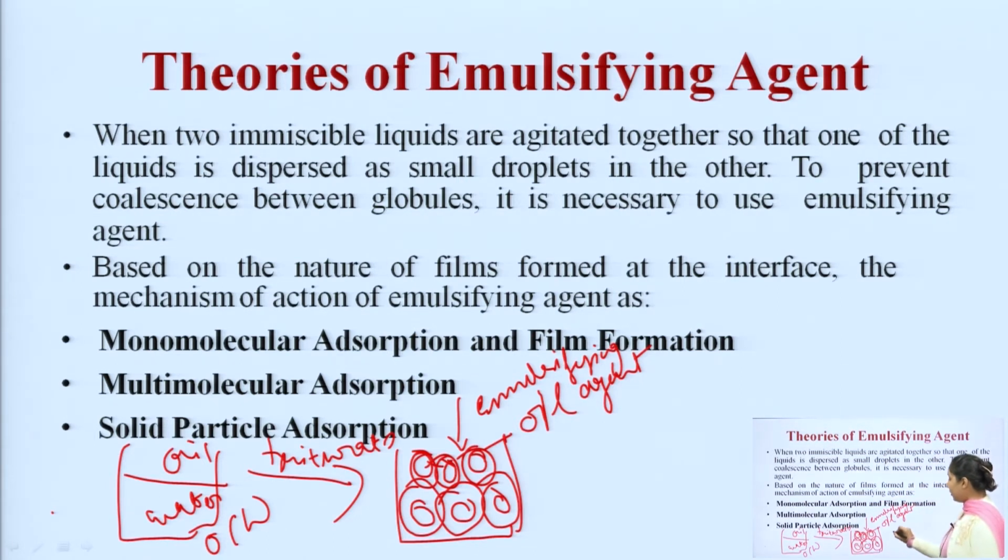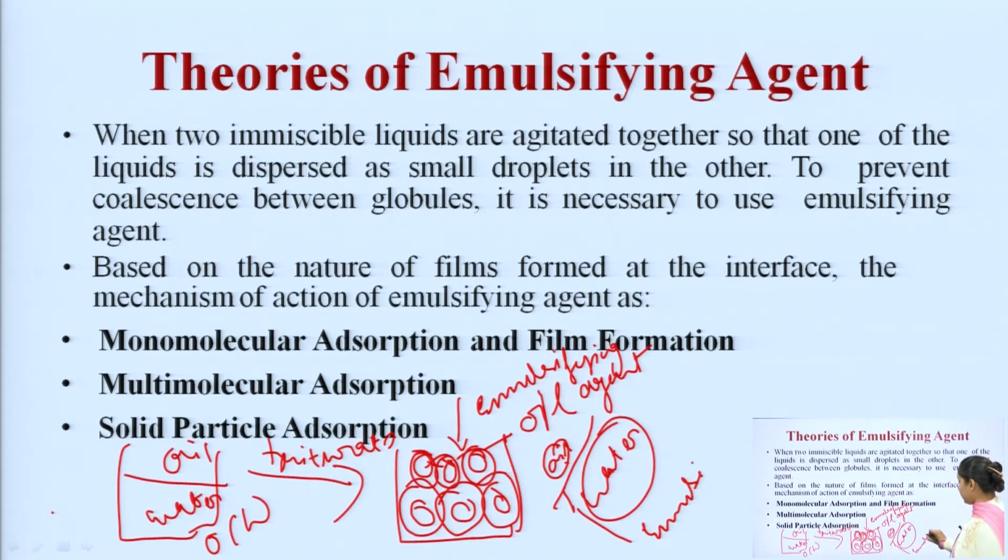So, what will happen actually here? There will be an interface between the oil and water phase. At this oil and water phase junction, the emulsifying agents act and reduce the interfacial tension acting between the two different phases.